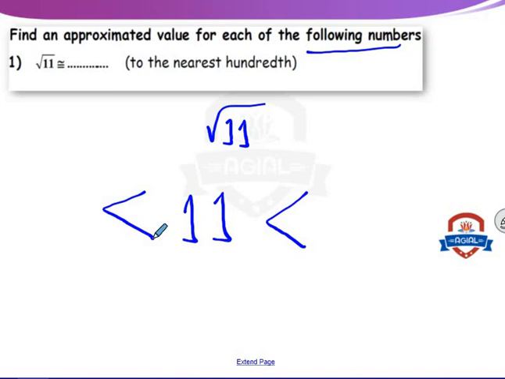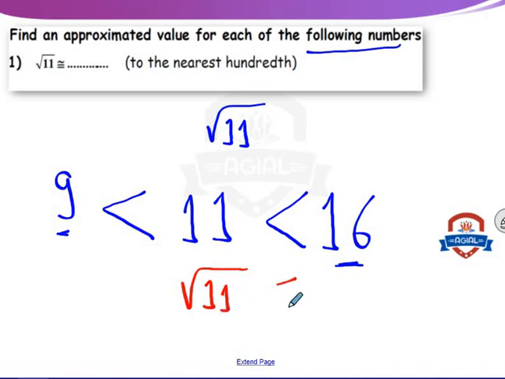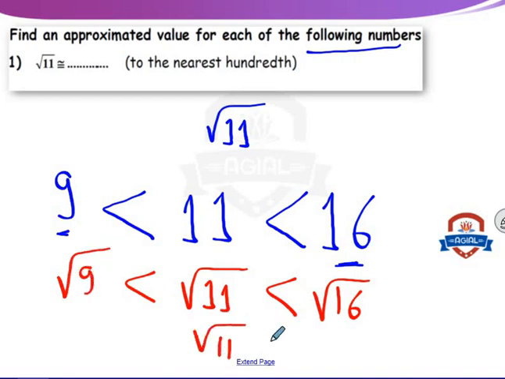We put 11 in between 9 and 16. We have the square root of 9 and the square root of 16. Then we find the square root of each number. So the square root of 11 is in between 3 and 4.